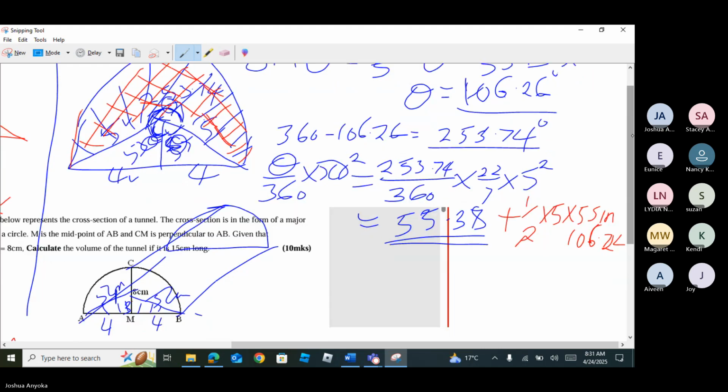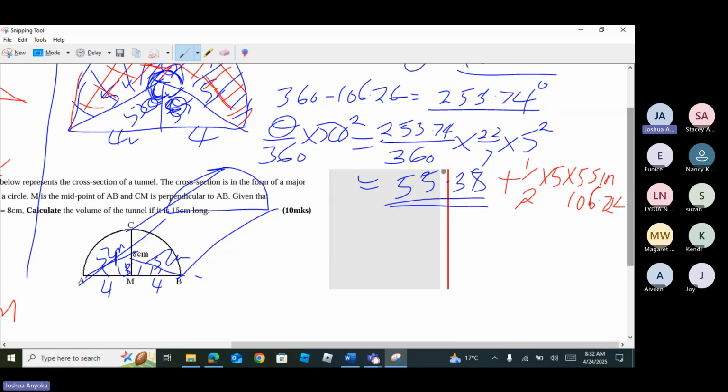Okay. So we add the two. Lydia, what do you get? What is this after 106? After 106 is 0.26. Without adding is 133.0?